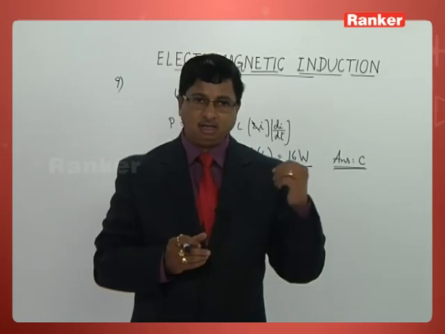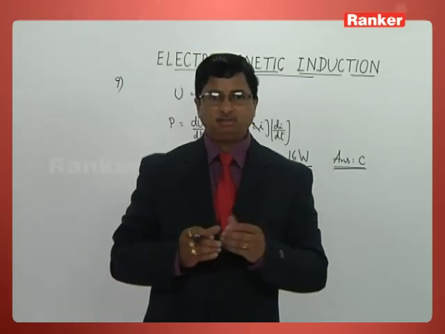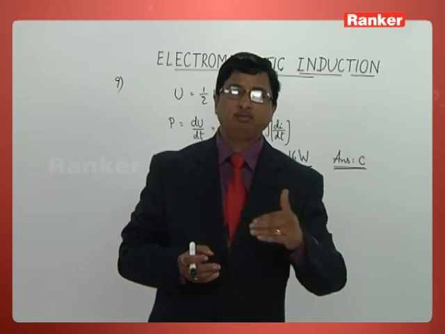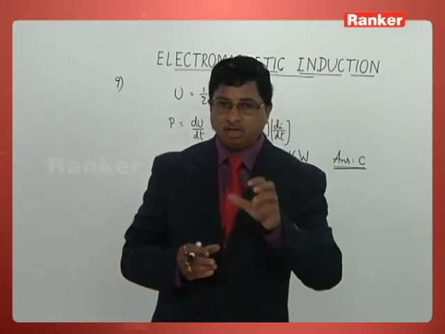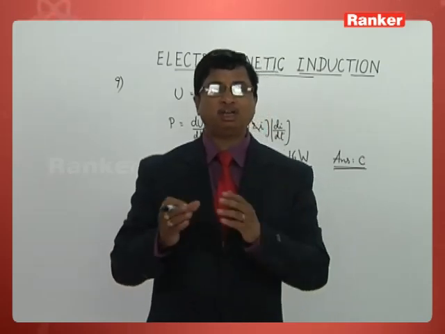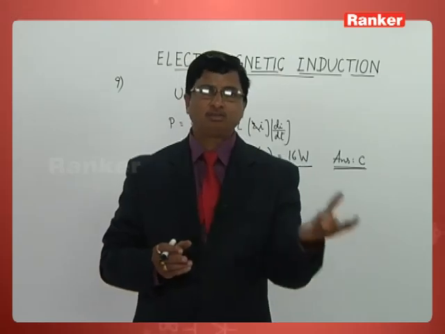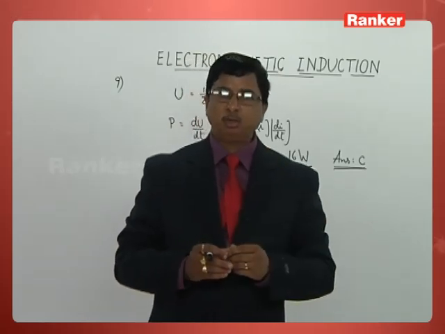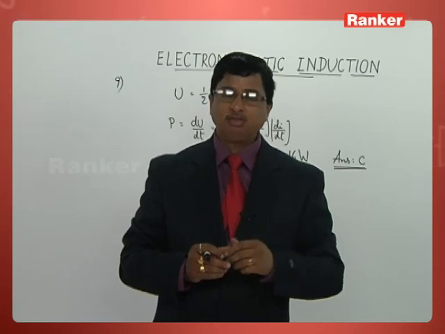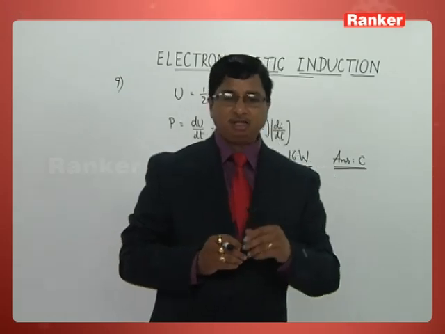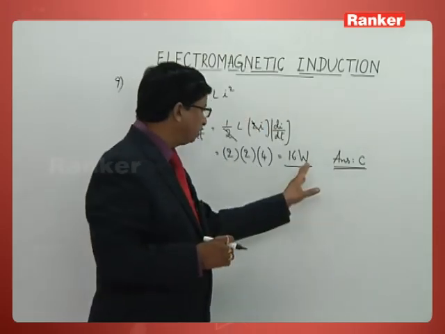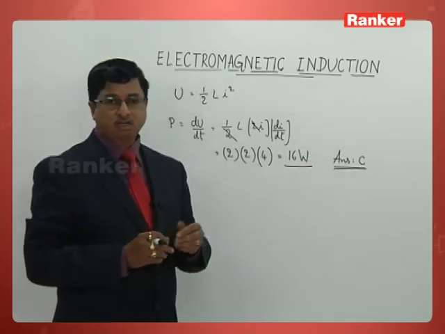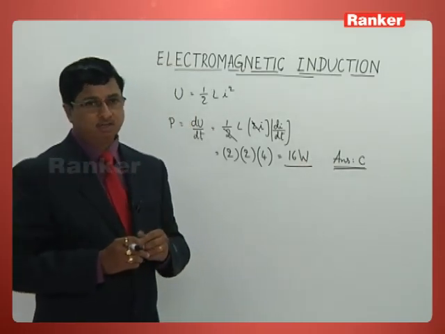Like that, here we write half Li square. General kinetic energy formula half mv square we all know. Rotational kinetic energy we know is half I omega square. So all are just similar formulae that we are going to have. So this is problem number 9, and the correct answer for that one is 16 watt, which is the correct option C over here.